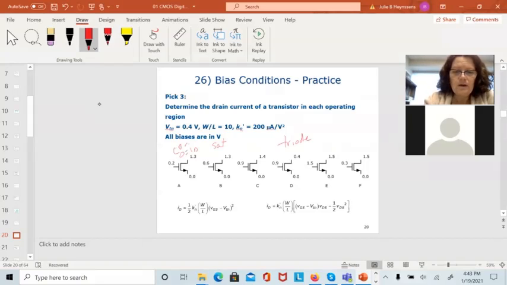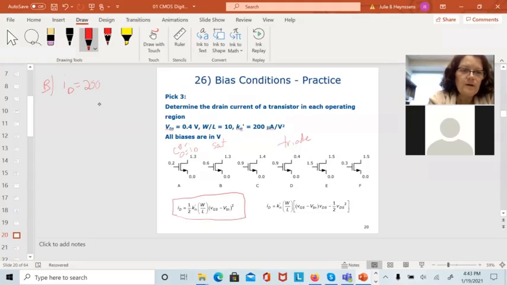For saturation, I look at this equation and I say, okay, for B, ID is going to equal Kn prime. I'm given a number, 200 micro, so 200 times 10 to the minus 6. W over L is 10. Times VGS minus VT.